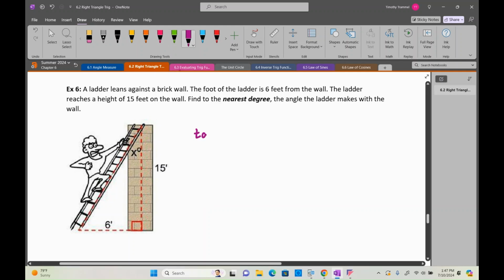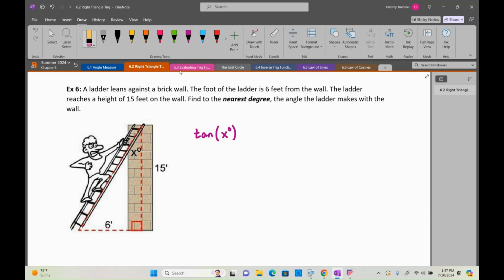So I have tangent of my angle. And you can see in the diagram, this angle is an acute angle. So when I do go to take tangent inverse of each side, I don't have to worry. Tangent inverse can give me acute angles. It can give me angles between minus pi over 2 and pi over 2, or if we're in degrees, minus 90 to 90.